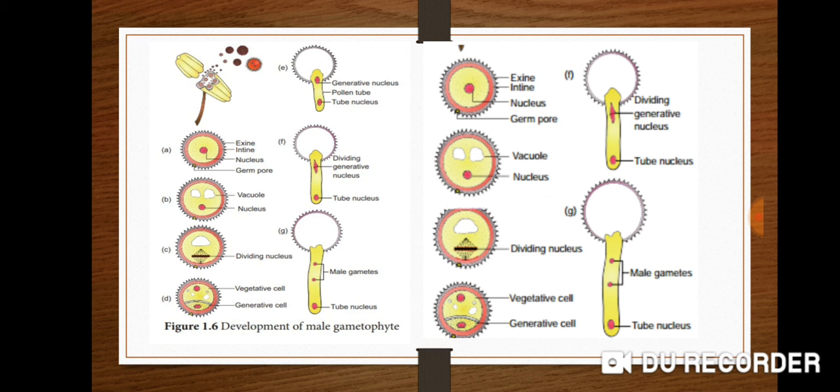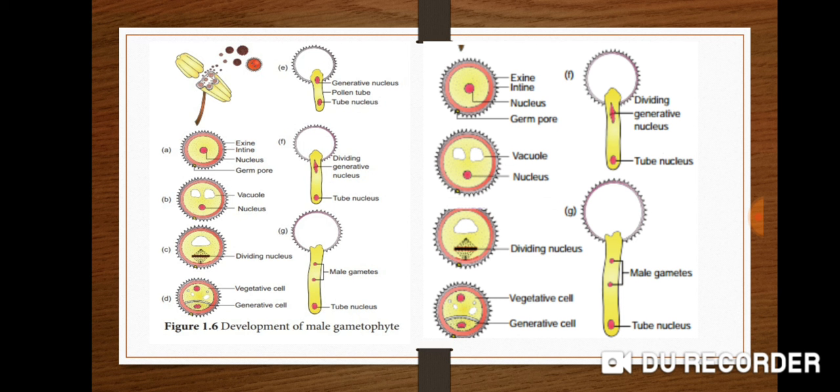Behind the growing tip of the pollen tube, the vegetative nucleus moves first inside the pollen tube. Now it is called the tube nucleus. The tube nucleus is assumed to play an important role in directing the growth of the pollen tube. The generative cell divides mitotically to form two oval male gametes or sperms.